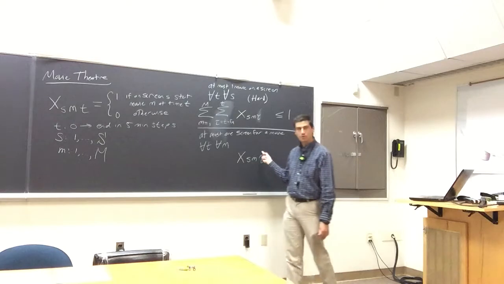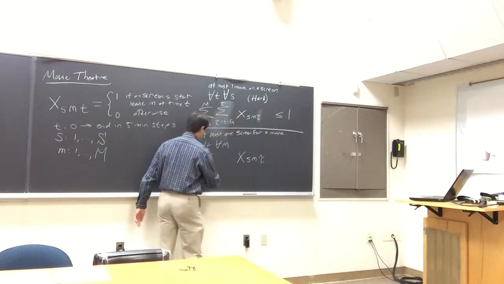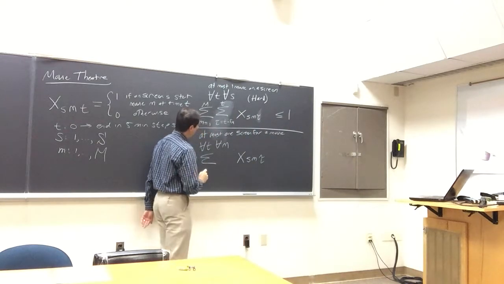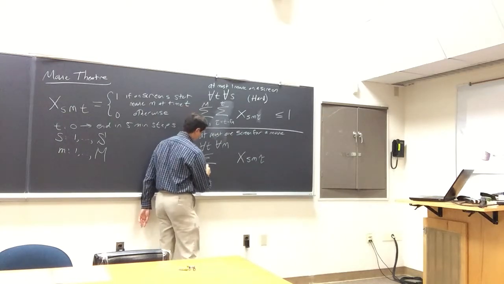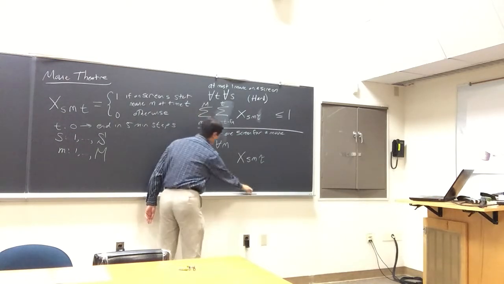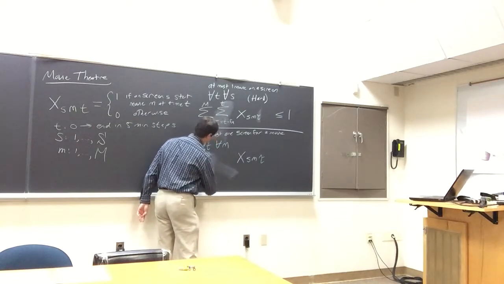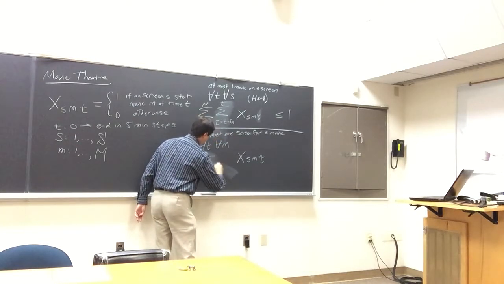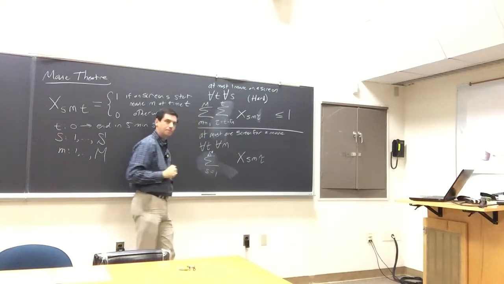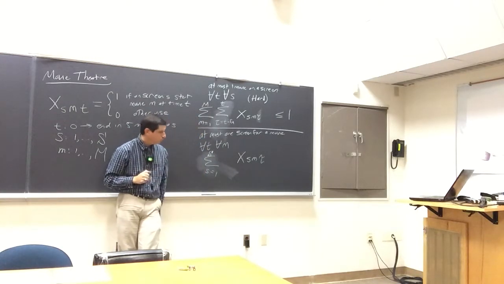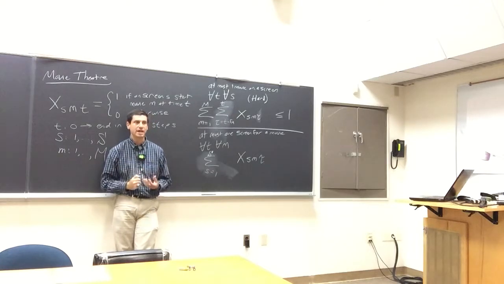And then I should probably sum over all screens, from 1 to big S. So I want to make sure that at a given moment in time, this movie is only playing on 1 screen.